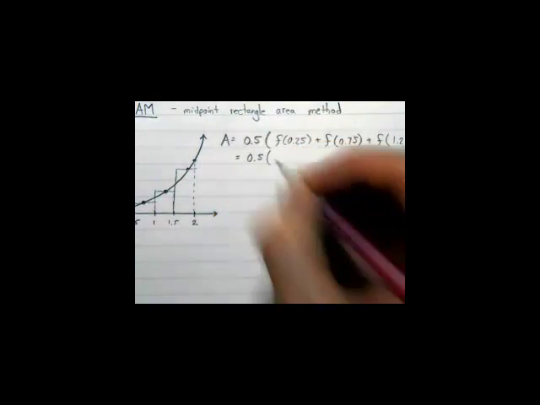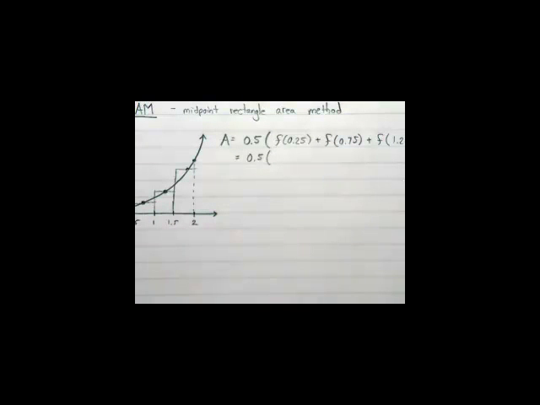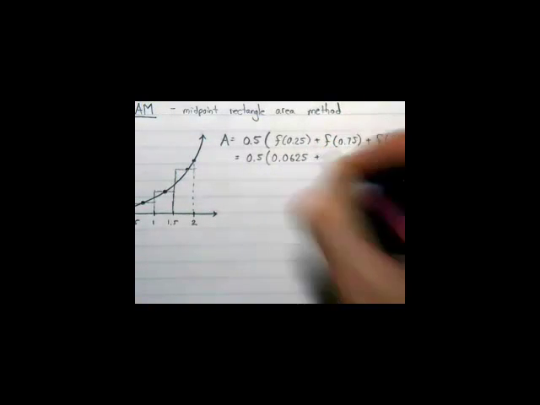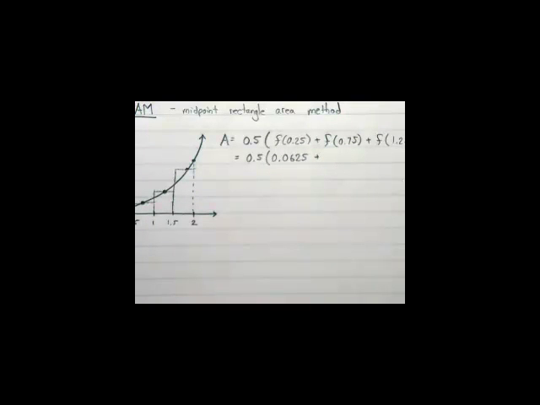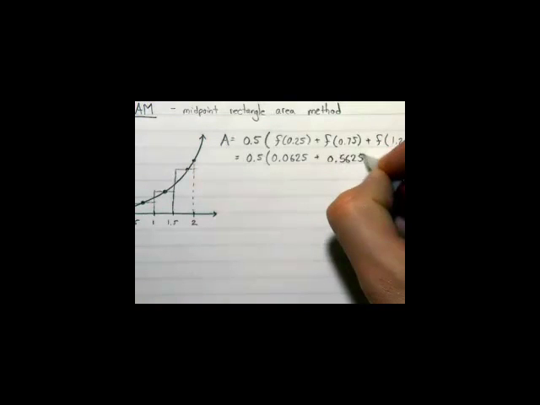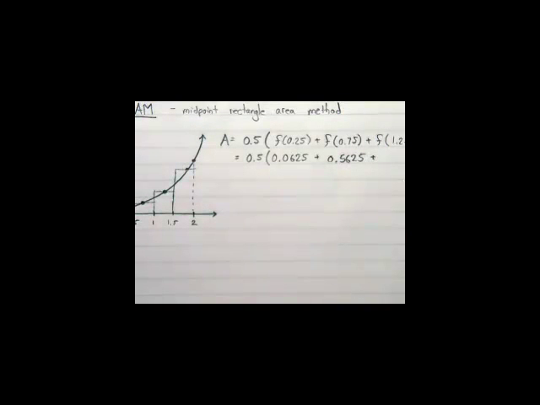So what do we get when we square them? 0.25 squared. 0.75 squared. 1.25 squared.